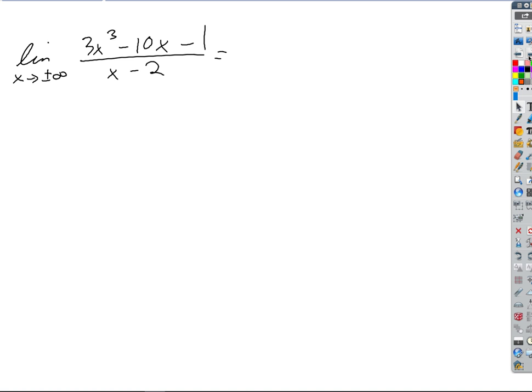If we wanted to be more specific while we're at it, let's just call this f of x. The limit of f of x as x approaches positive infinity would be what? I know I'm getting infinity, because the top is bigger order than the bottom, so it's blowing up. So I know I'm getting infinity. What's the sign going to be?